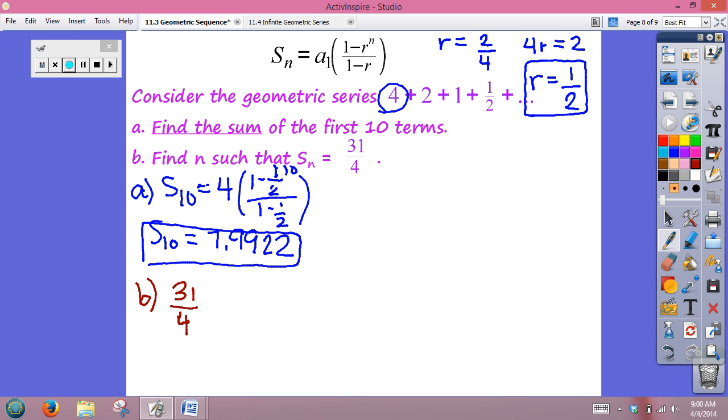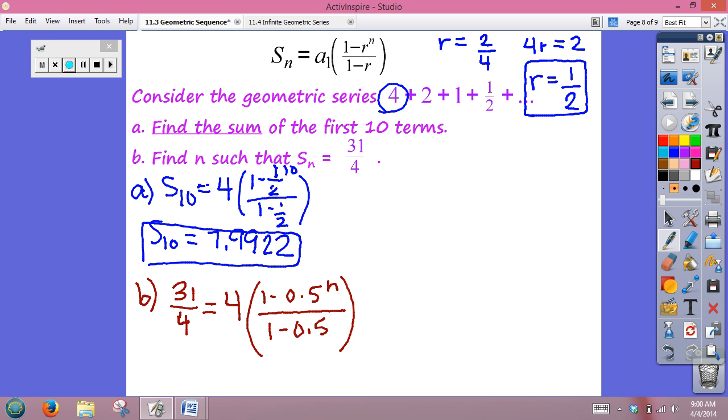We're using the same series from the top equation, so we know that a1 equals 4. We know that our r value is 1/2, or 0.5. So we have 1 minus 0.5 to the n, and we're looking for n, over 1 minus 0.5.